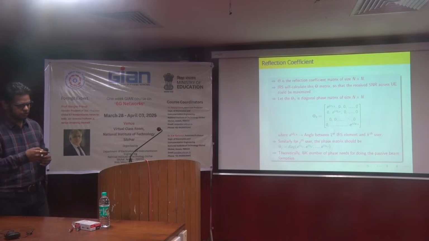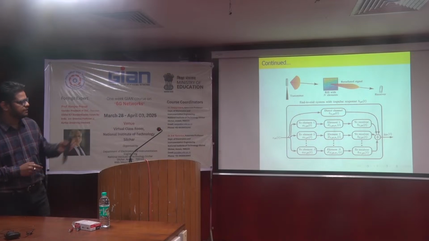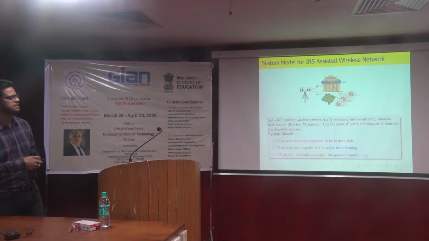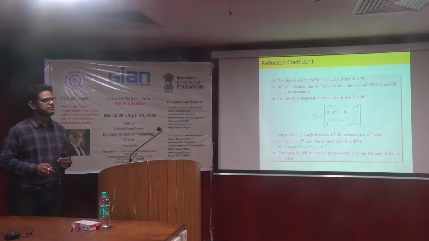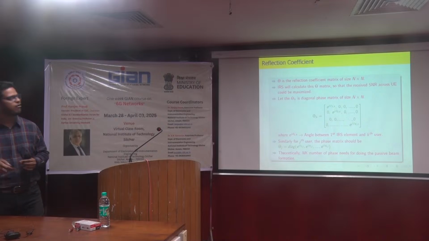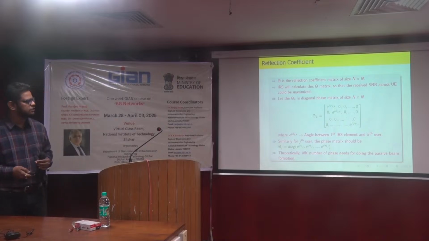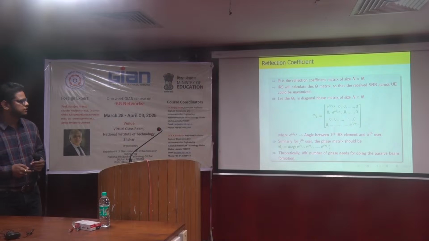As already told, element 1, element 2, element n in the center can be controlled by the reflection coefficients, which are shown by phi. So phi is an n cross n matrix, and this phi is denoted by a diagonal matrix, which is shown below.